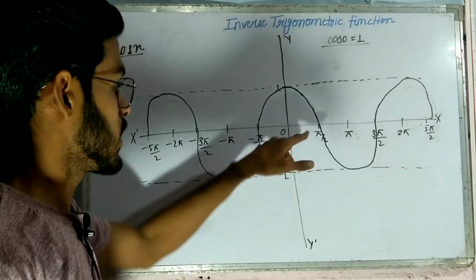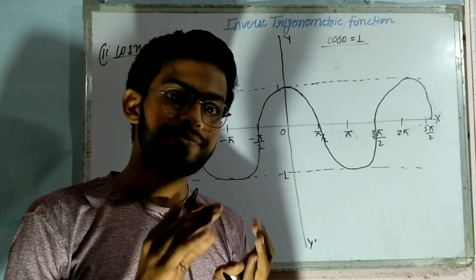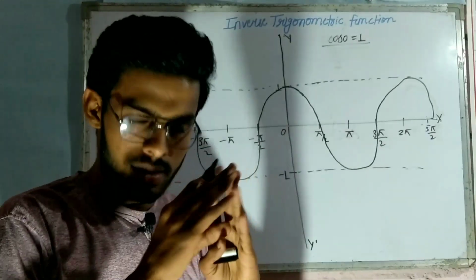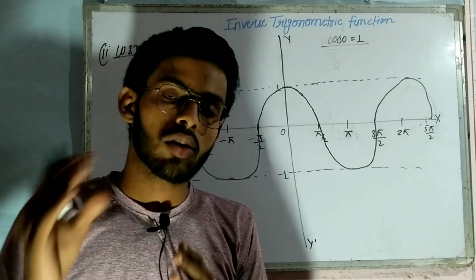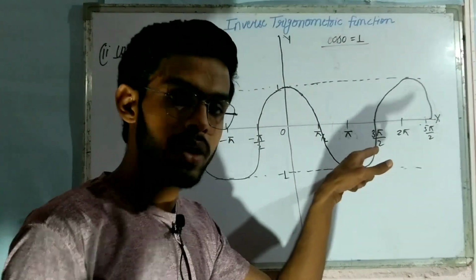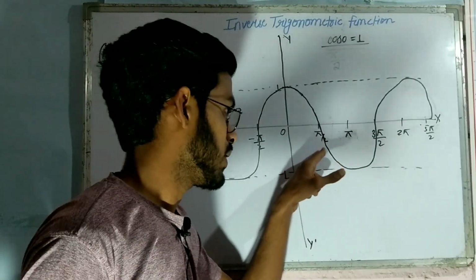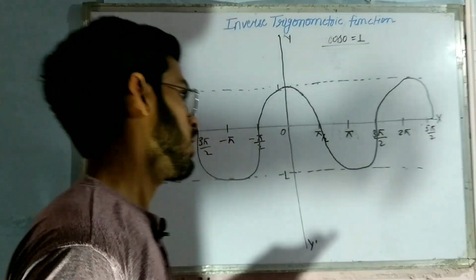Because the value of cos x is 0 at pi by 2 and its odd multiples, it cuts the x-axis where the value is 0. It is 0 at pi by 2, 3 pi by 2 and 5 pi by 2, which means odd multiples of pi by 2.